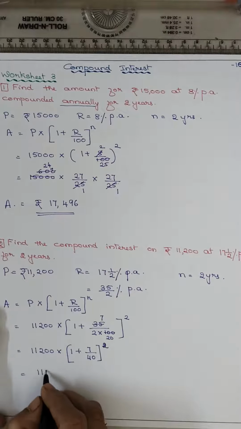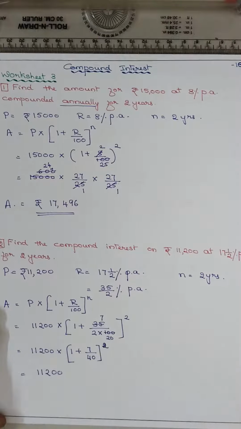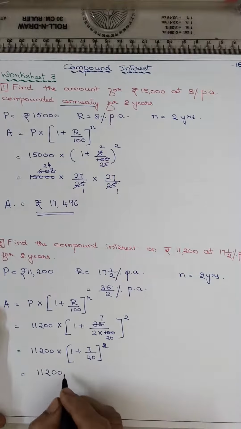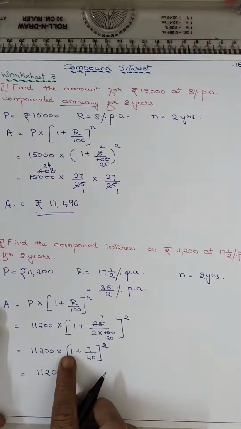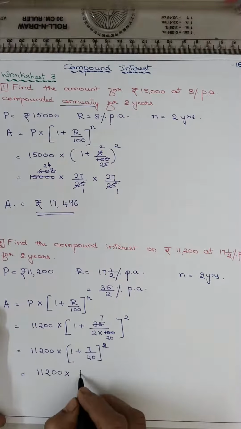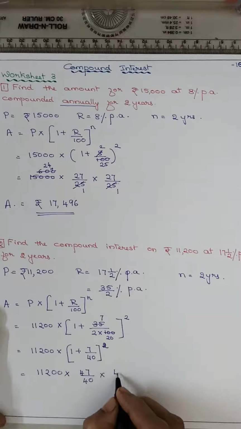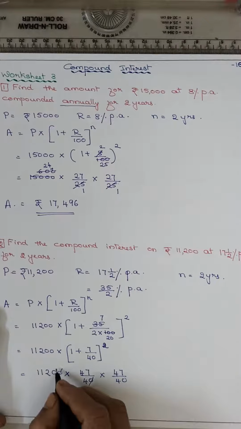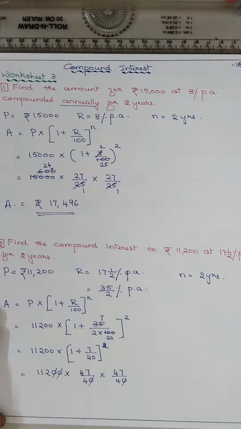Now 11,200 into this becomes 40 upon 40. 40 plus 7, 47 upon 40 into 47 upon 40. 10 10 10 10 cancelled.